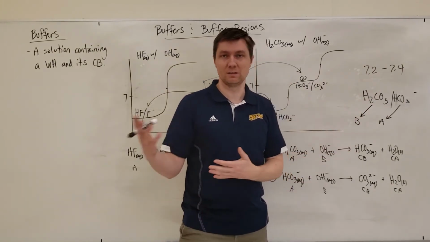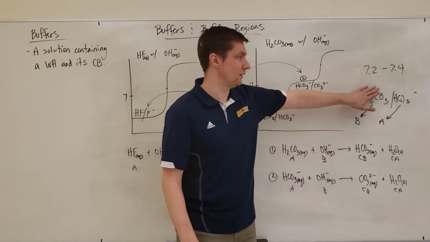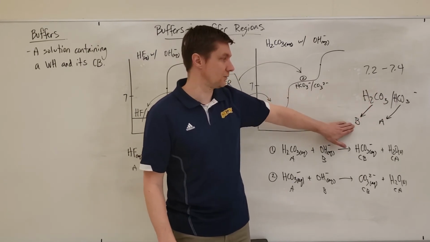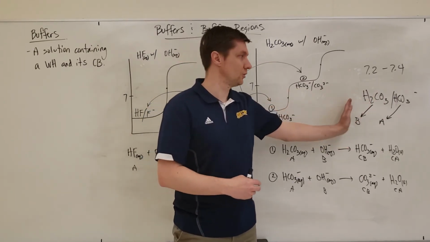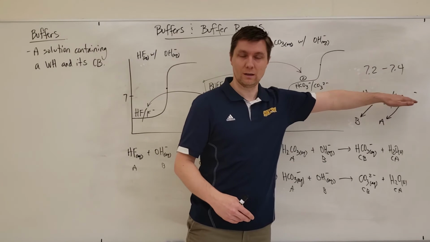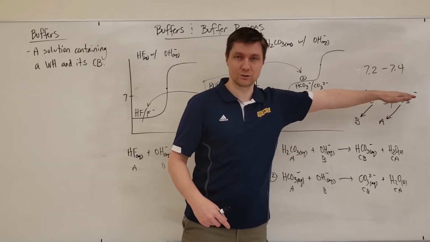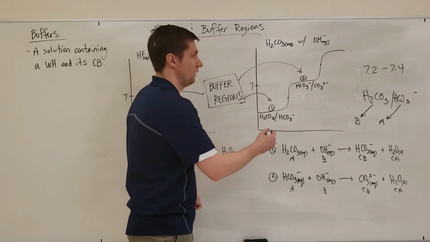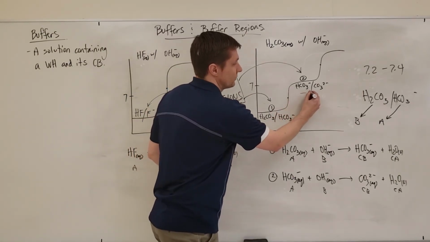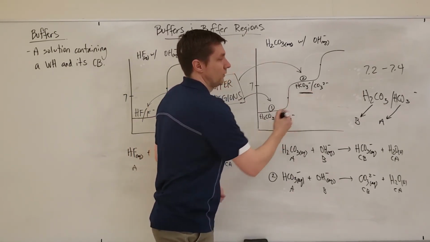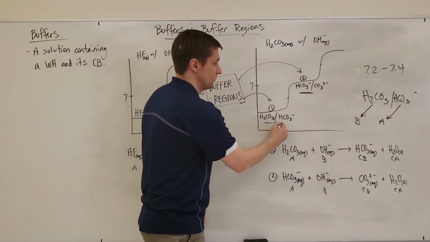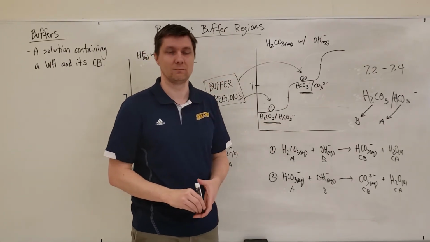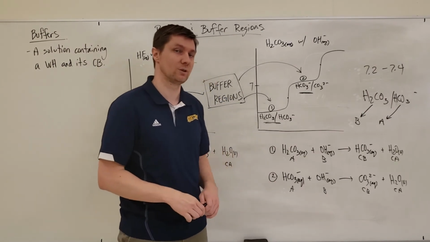If I drink something that's slightly basic, then that carbonic acid is going to react with that base, turning the carbonic acid into hydrogen carbonate ions, and the process just bounces back and forth. With all these different buffers in our blood, we move back and forth along these buffer zones and buffer regions, where we are able to maintain a relatively stable pH within our bodies.